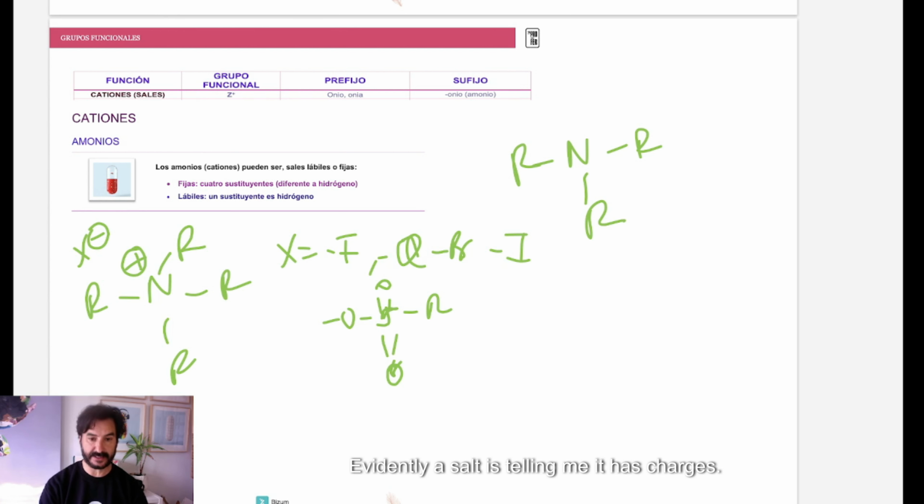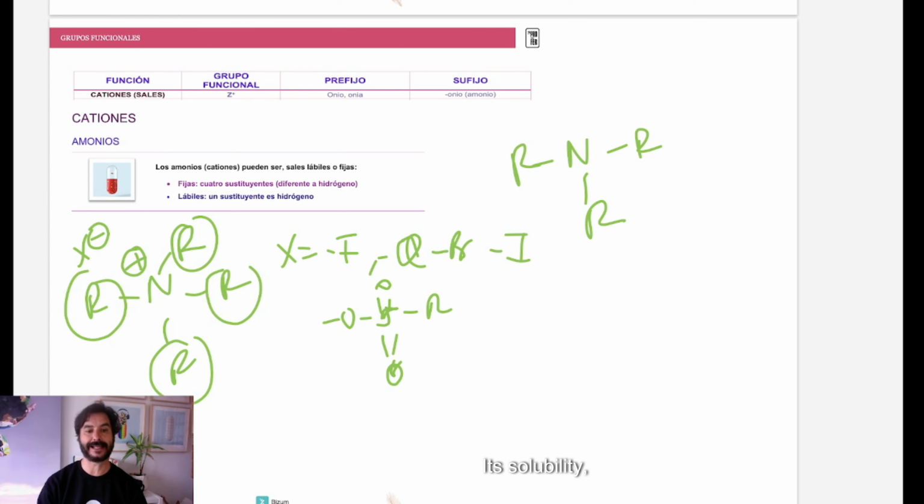Evidently, a salt has charges, so obviously it's going to depend on the radicals we have here, its solubility, but in the end we're playing with lipophilicity, hydrophilicity, etc., etc. And then there are other types of salts that I put in another color, which would be the labile salts. What is a labile salt?